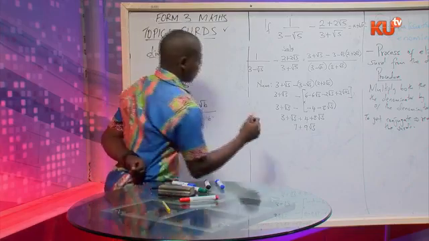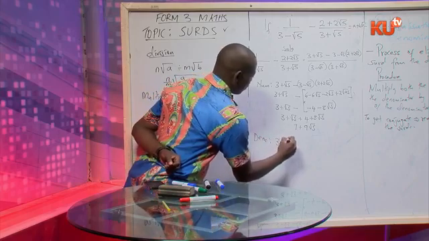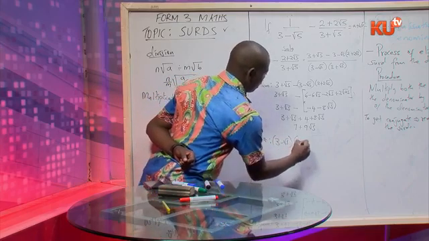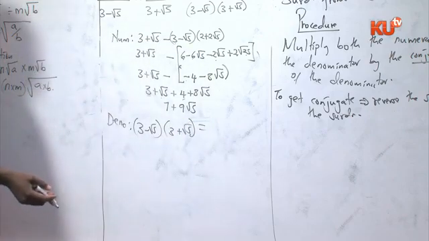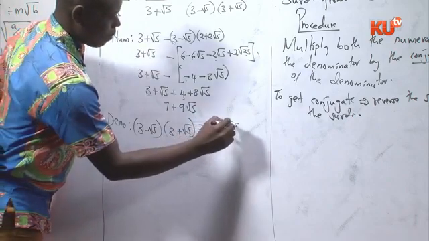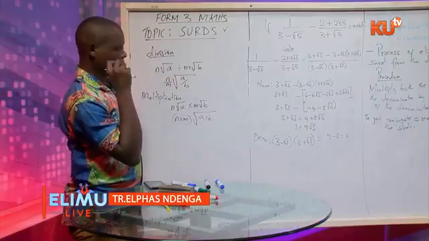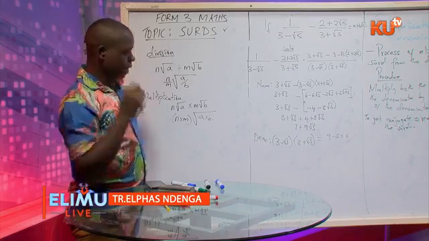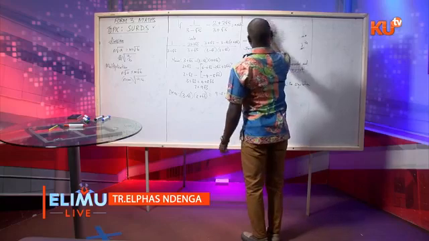For our denominator, it will be 3 less root 5, 3 add root 5. By the quadratic identities, this becomes 9 less 5, which is 4. So the denominator gives us 4, and the numerator gives us 7 plus 9 root 5.